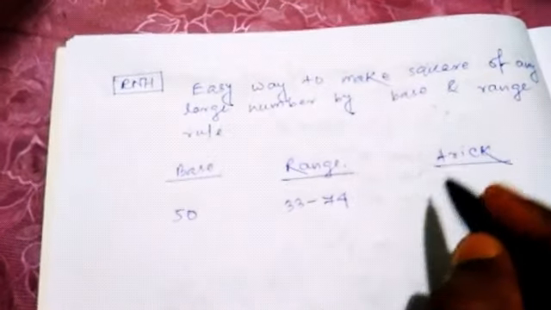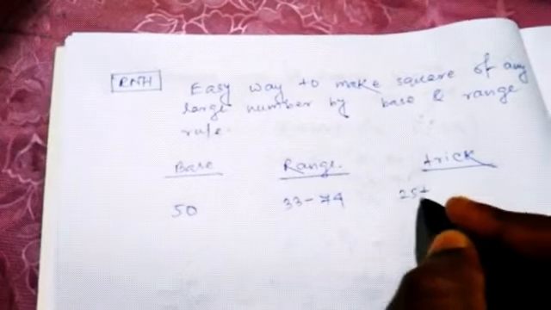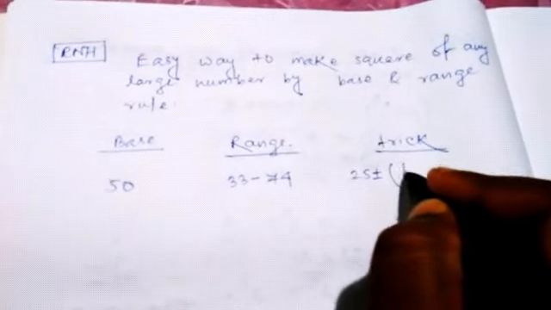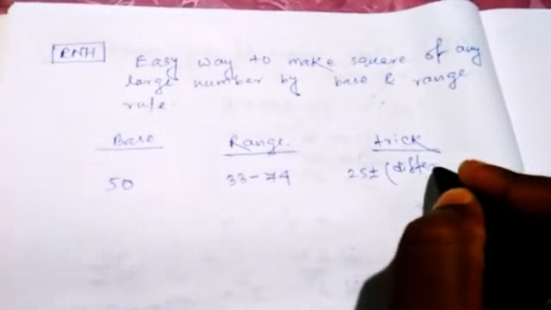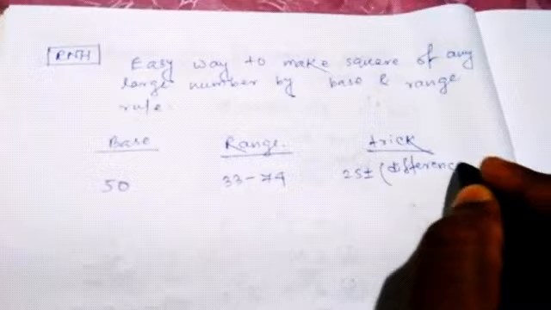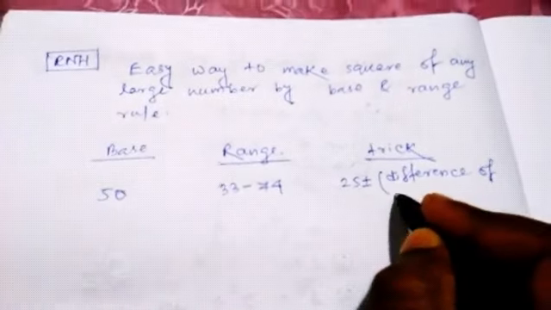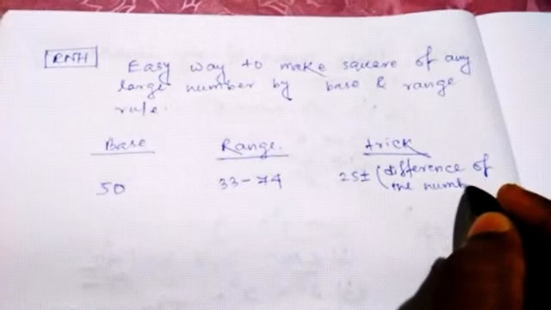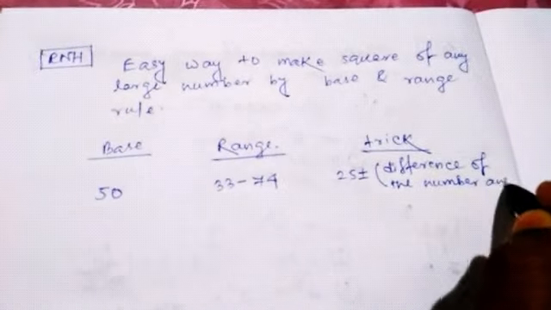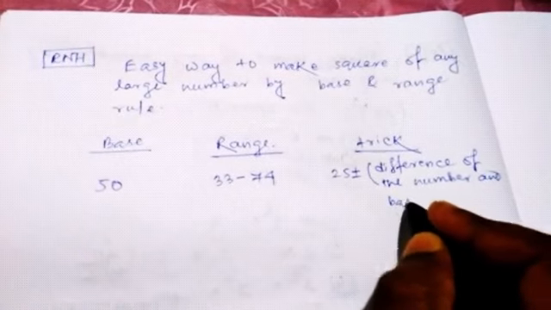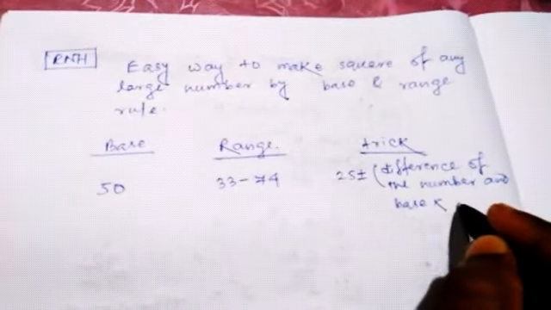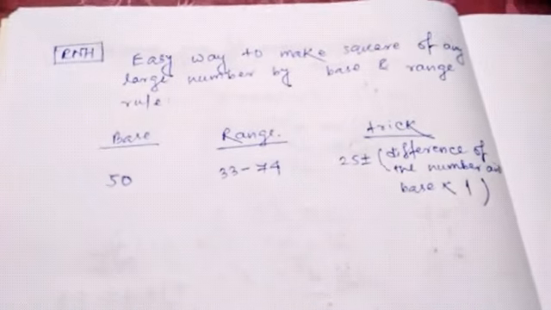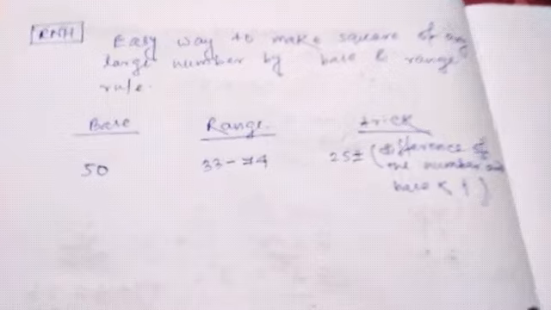And the trick will be 25 plus minus the difference of the number and base into 1. I will explain it.